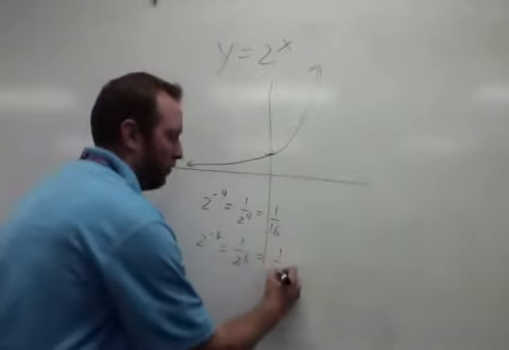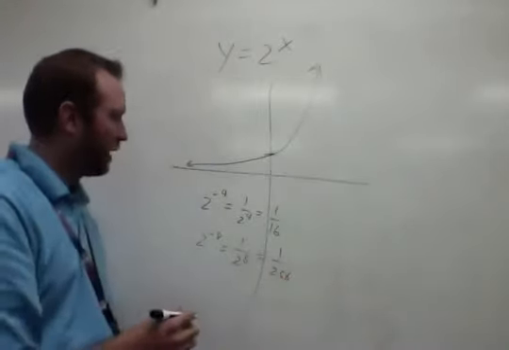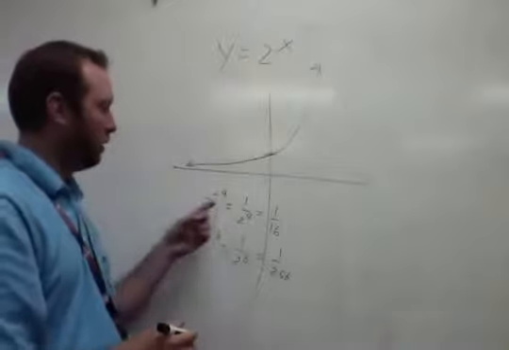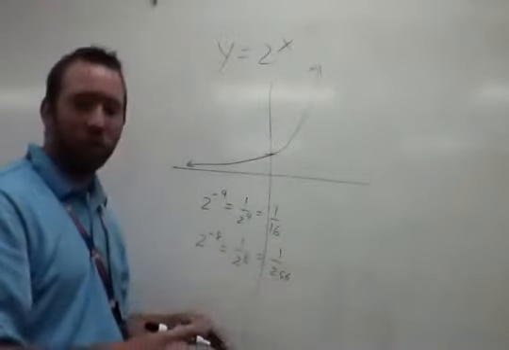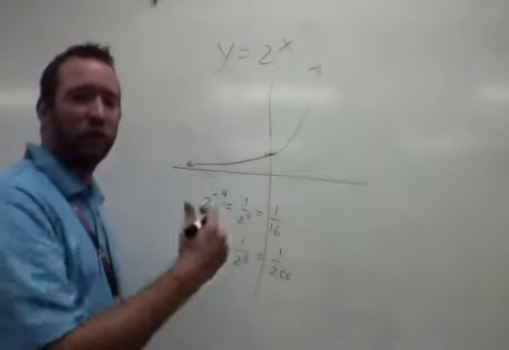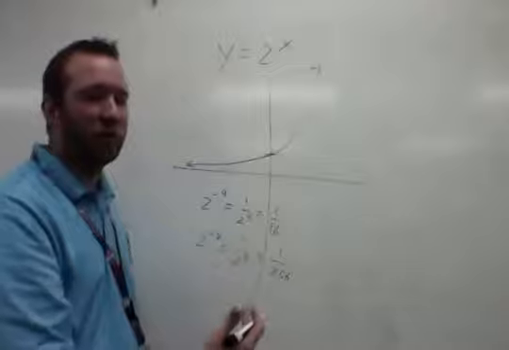So this would be 1 over 256. What you're noticing, though, as my x value becomes smaller and smaller, my y's become a small fraction: 1 over 256, next one 1 over 512, 1 over 1024.